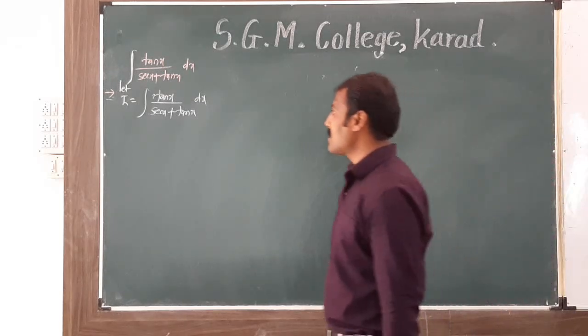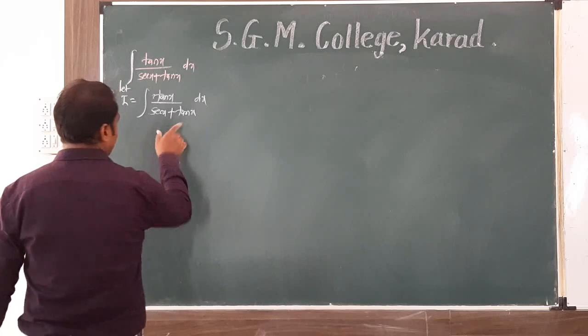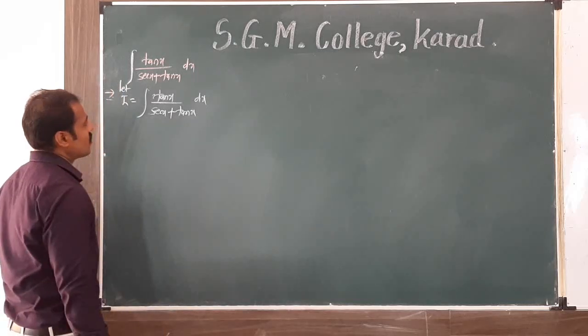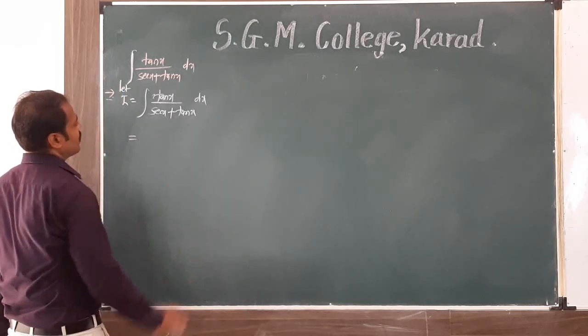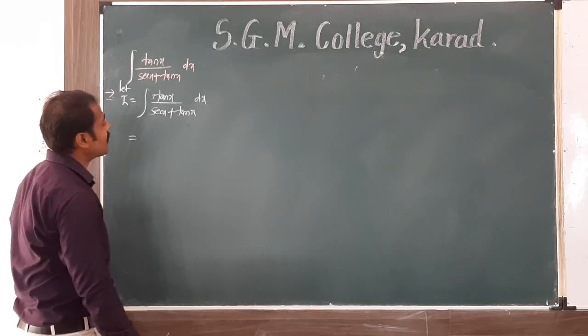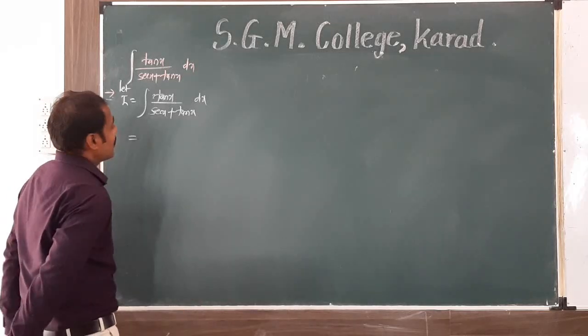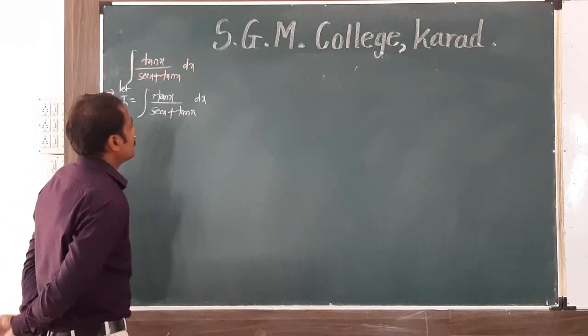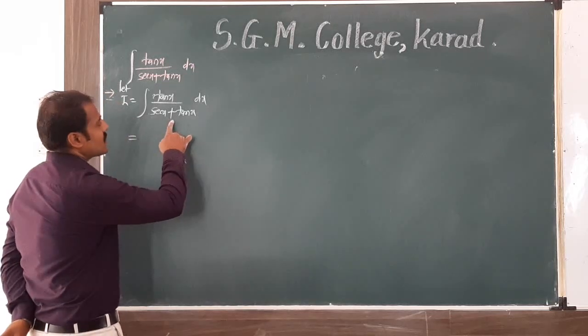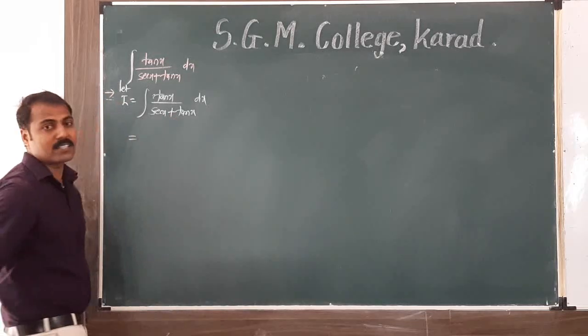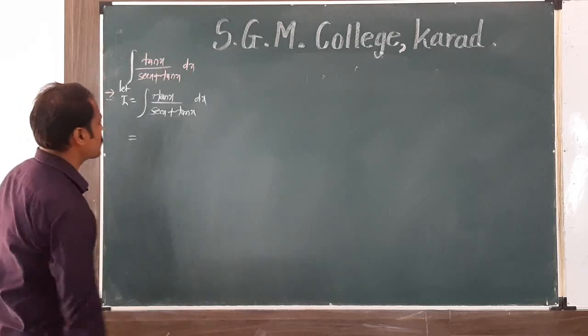Okay, here the term in the denominator is sec x plus tan x. So we multiply numerator and denominator by the conjugate of the denominator. The conjugate of the denominator is what? Sec x minus tan x. The conjugate is obtained by just changing the sign in between the two terms.